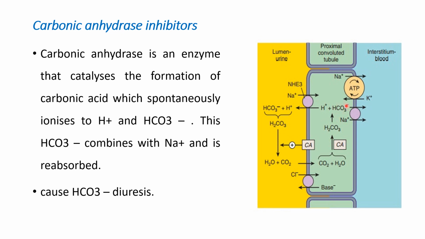This bicarbonate combines with the sodium and is reabsorbed. So what does the carbonic anhydrase inhibitor do? It inhibits the carbonic anhydrase enzyme. Ultimately it will interfere with the reabsorption of sodium bicarbonate and causes diuresis.